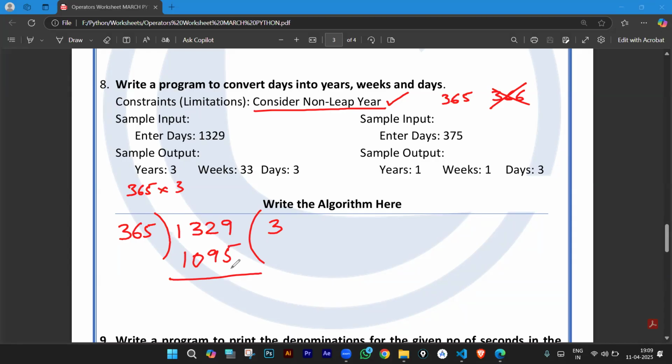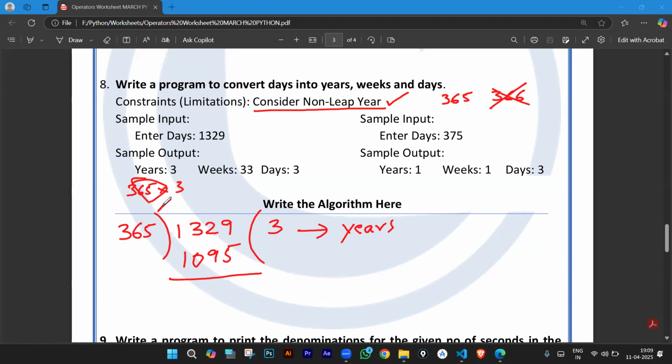So we cannot go with 4. So 3 you can get, and that is nothing but your years. So 3 years. If you divide the given number by 365, you will get the multiple of it. That is nothing but the number of years, the number of multiples of 365 which are present. You will get that by using the division operator.